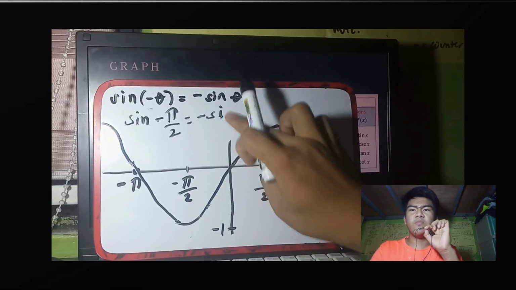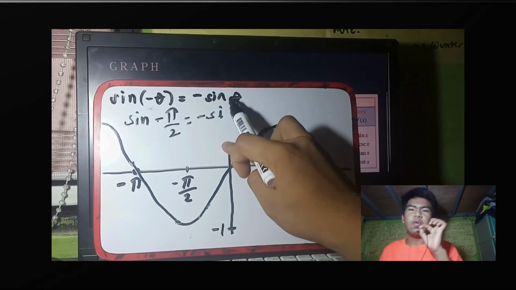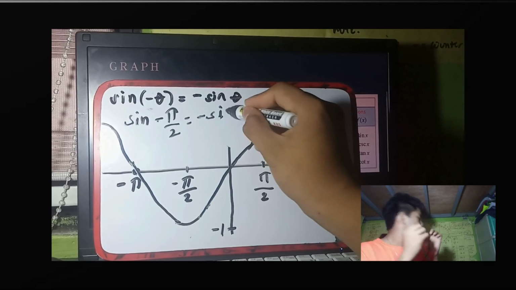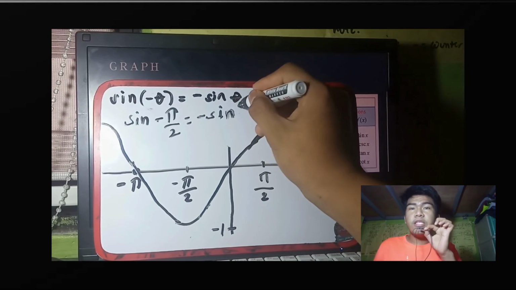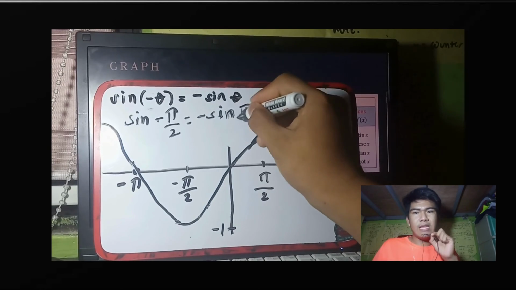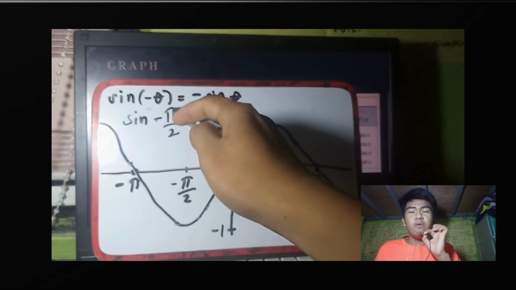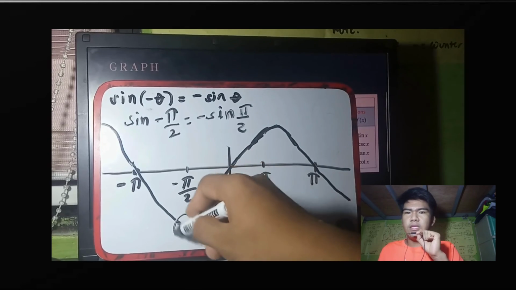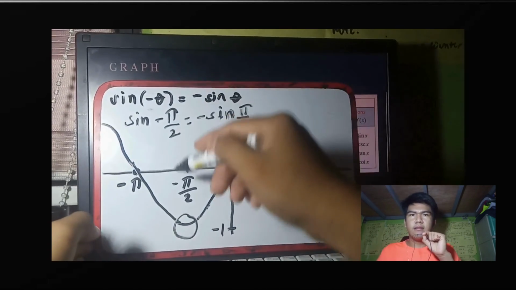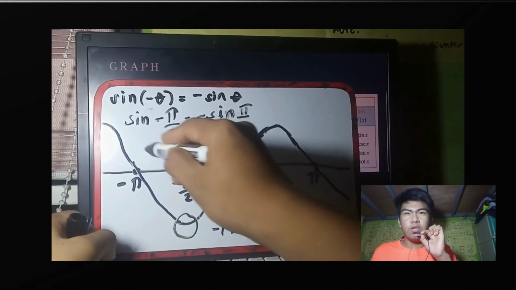Let's see here that it is also equal to 3 pi over 2. So that lies between the third and the fourth quadrant. So that will be negative sine, because sine is equal to y.